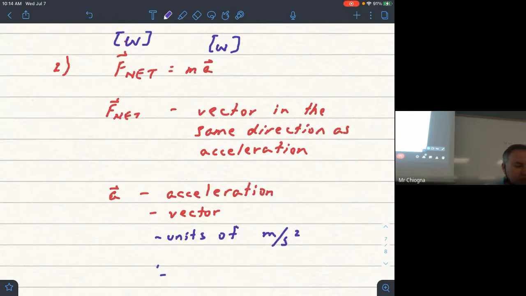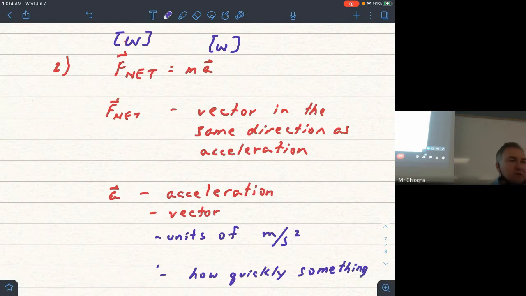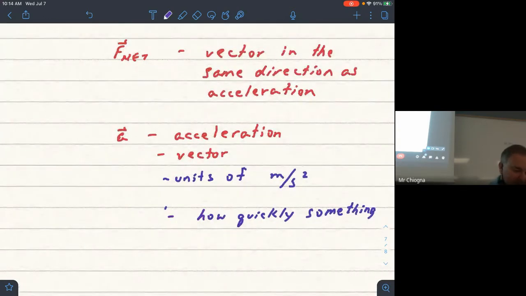What is acceleration? Just a brief reminder. It's how quickly something speeds up. How quickly does it reach a certain speed? That's your acceleration. Or slows down.